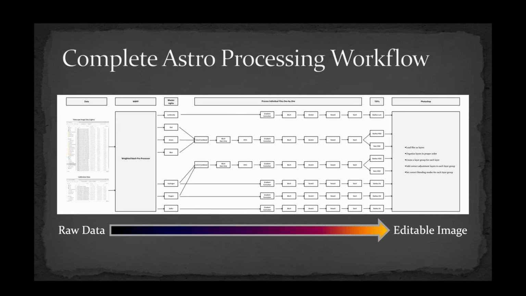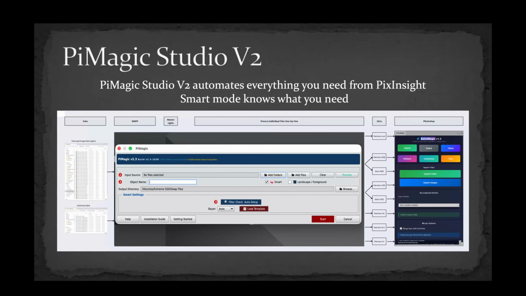The complete astro processing workflow can be quite convoluted and complex with a lot of repetitive steps, and our guiding principle is to simplify. So our main interface in PixInsight, when you open PiMagic, is just a single small pane with just a couple of inputs, primarily what folders or what files do you want to process, where do you want the output, and a quick filter check just to make sure that it's properly interpreting your filter names.